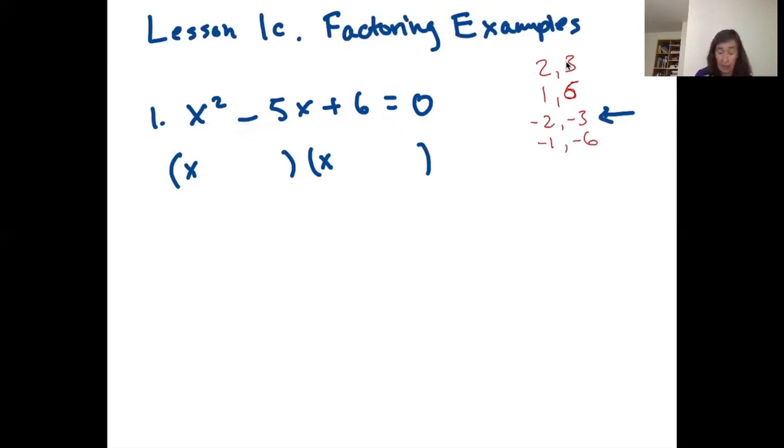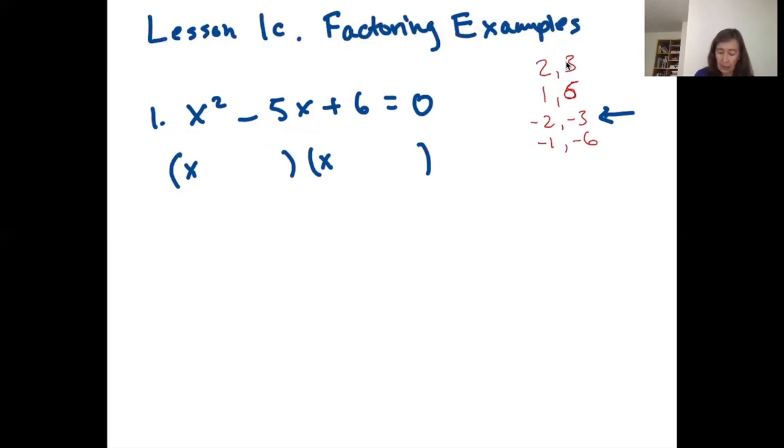So this is how we're handling the negatives here, and throughout, what we are doing is thinking of x squared minus 5x as really x squared plus a negative 5x. That's how it's going to work.